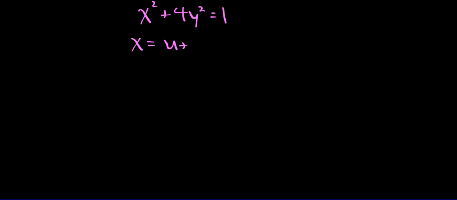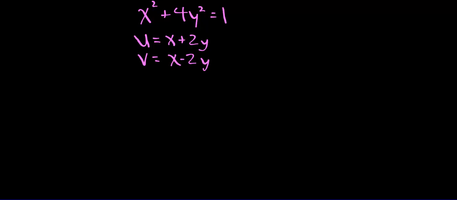Let's suppose that u equals x plus 2y, and v is equal to x minus 2y.